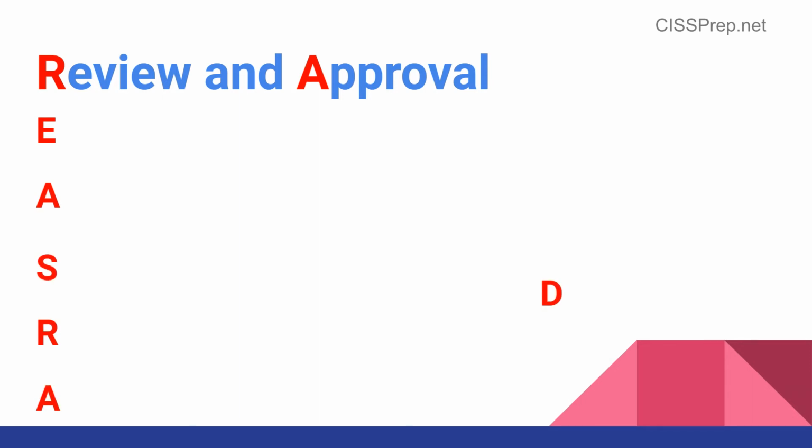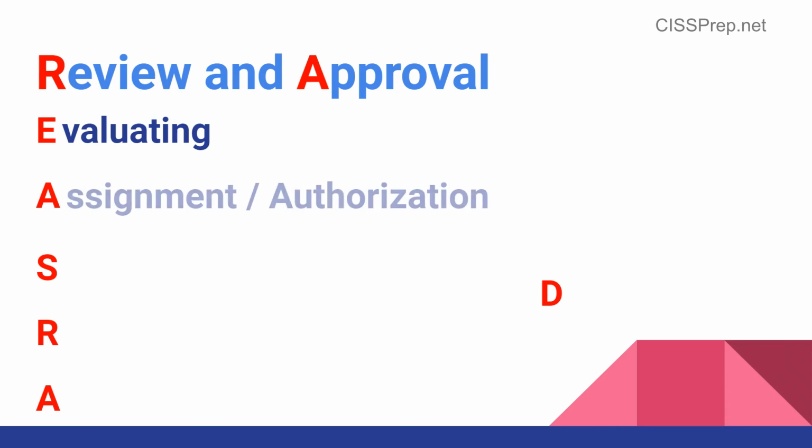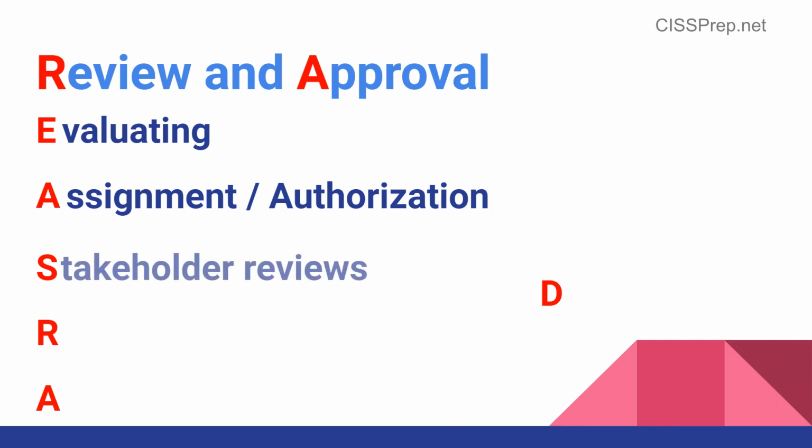He's rad. So again, evaluating, we're going to be evaluating the RFCs for completeness. For assignment, we're going to assign to the proper change authorization and the change authorization process based on risk and organizational practices. So we assign it to the proper approving body, basically, so the proper management. Then we have stakeholder reviews. We're going to assign it to a SME, or a subject matter expert.